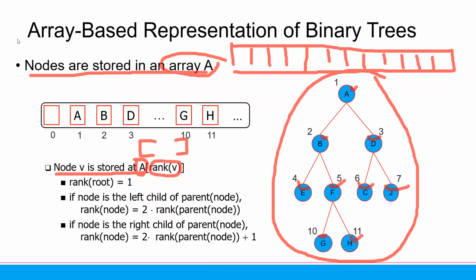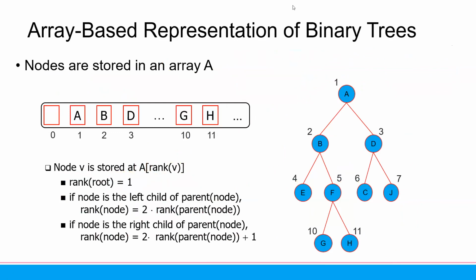What is rank of v? The rank of the root will be 1. We know the root is the node without a parent, so this will be 1. If the node is the left child of the parent node, then the rank of that node will be 2 multiplied by the rank of the parent.